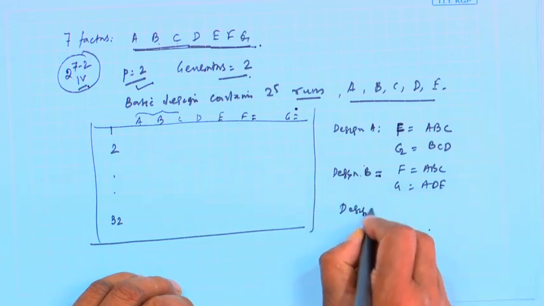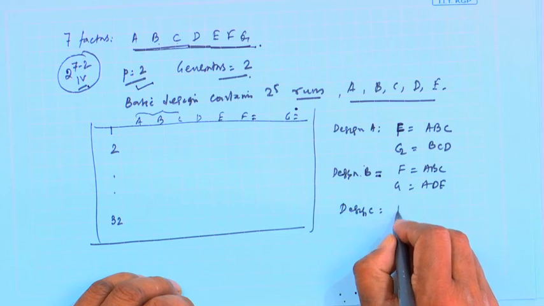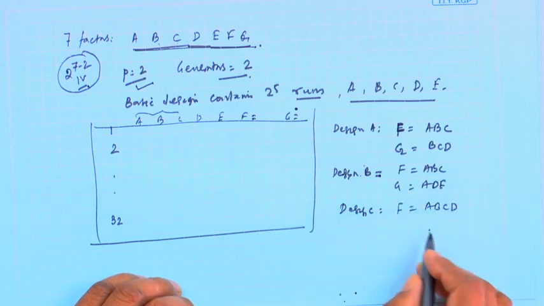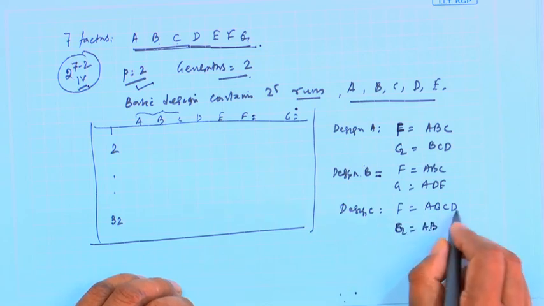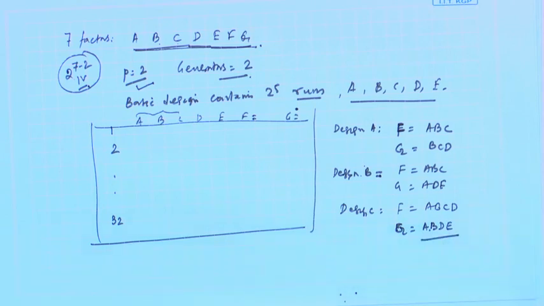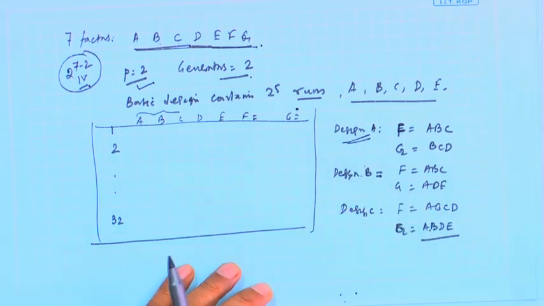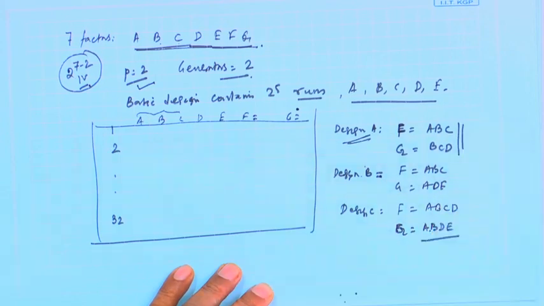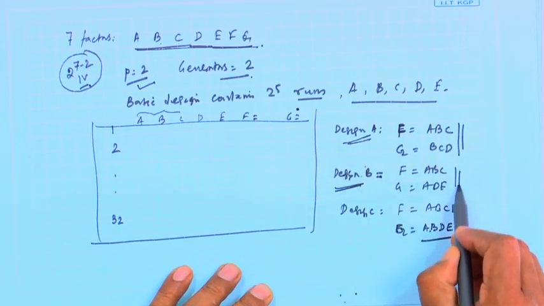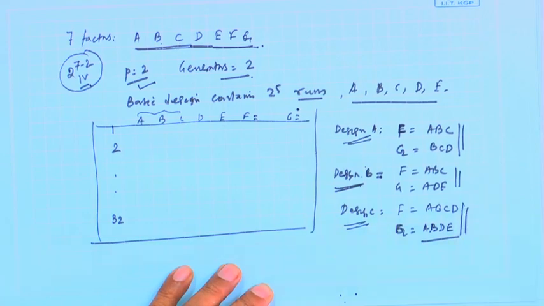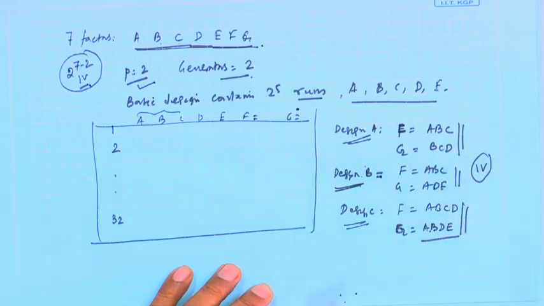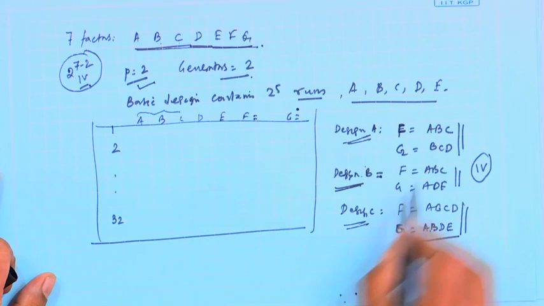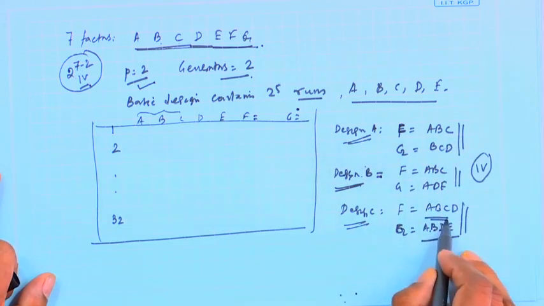Another design C is basically you can go for 4-way interactions, confounded with 4-way interactions A, B, C, D and A, B, D, E. So, if you choose this design and find out the resolution, choose this design, find out the resolution, choose this design, find out the resolution, in all those cases your resolution will be 4. For example, this one you consider.